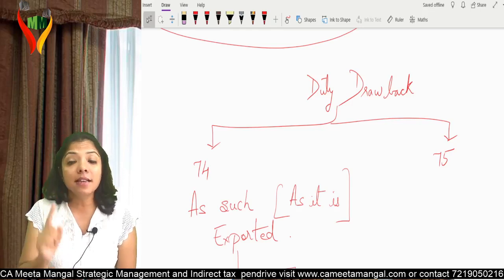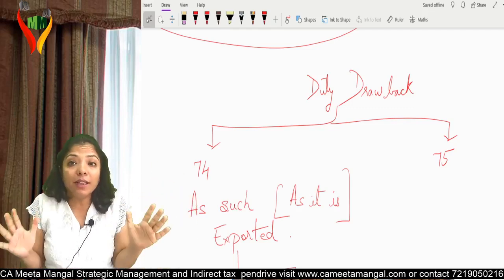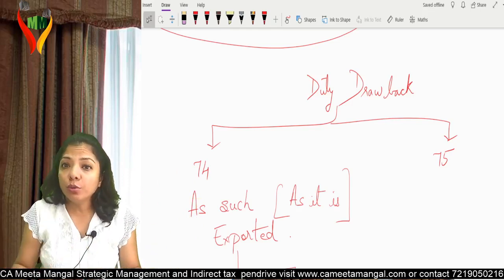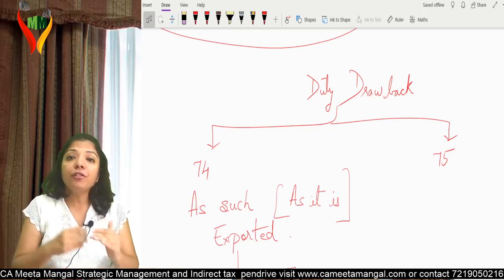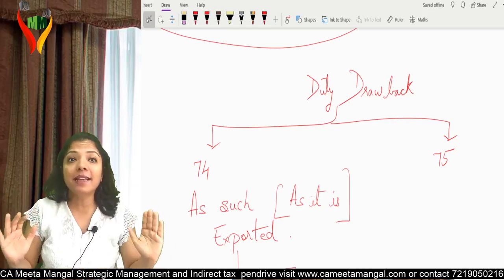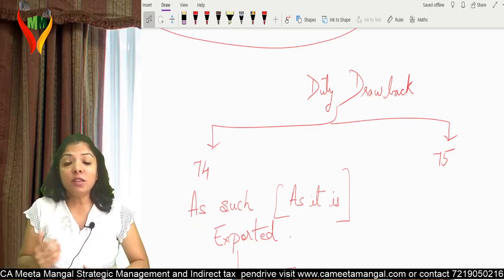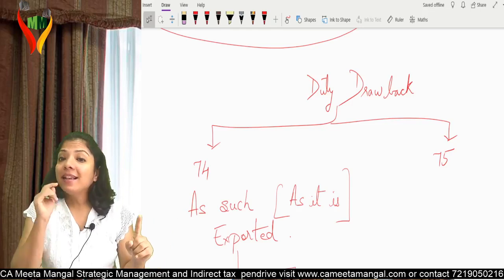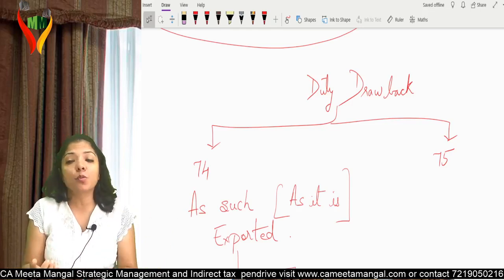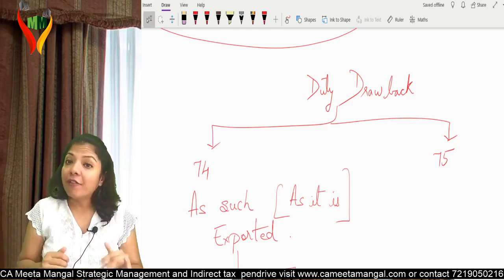In that case, either you can export without use or you can export after using it, but you're not changing the form, you are exporting it as such. Now, if I'm exporting it without use, I'll be getting 98% drawback, and if I'm exporting after use, my percentage will come down. Am I clear?